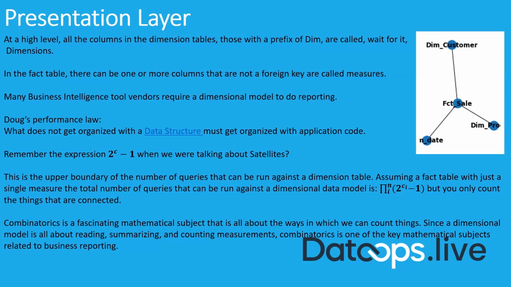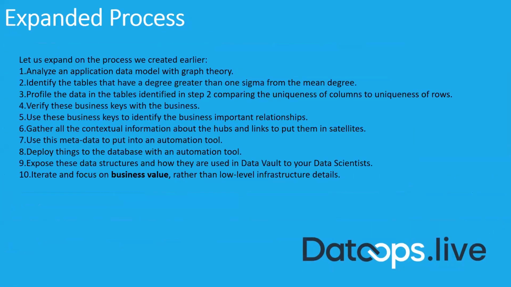When you get to where you're using a dimensional model for other things, you're probably using it the wrong way, and you really need to review data vault techniques. Maybe have a conversation with Dan, and he'll educate you on the difference. But counting measures, that's combinatorics. That's the mathematical subject that is being done there.